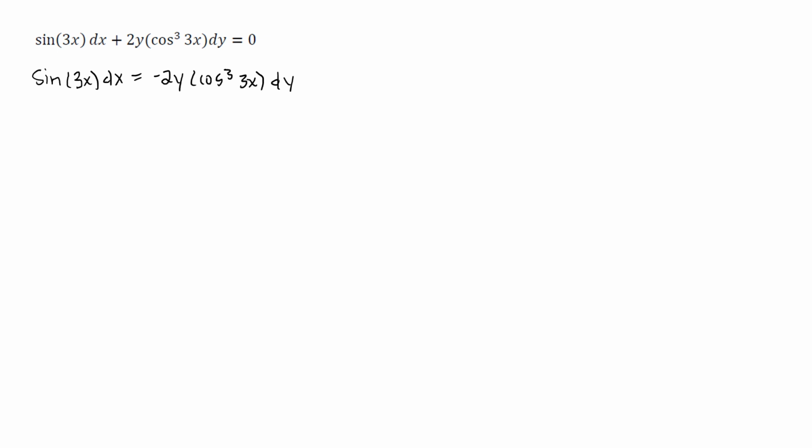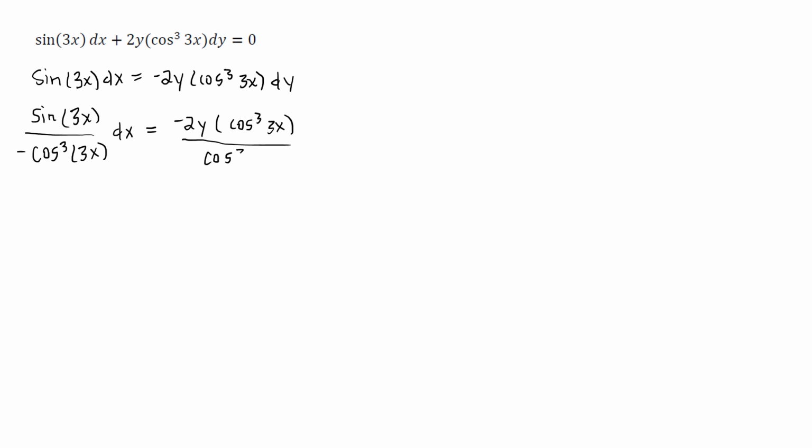So I'm going to divide both sides by negative cosine cubed of 3x. This is 2y cosine cubed 3x over cosine cubed 3x negative dy.